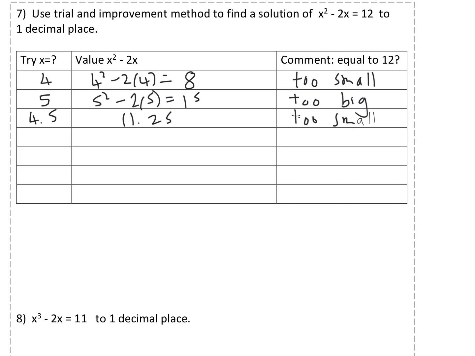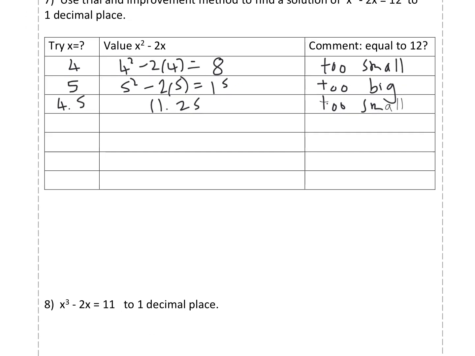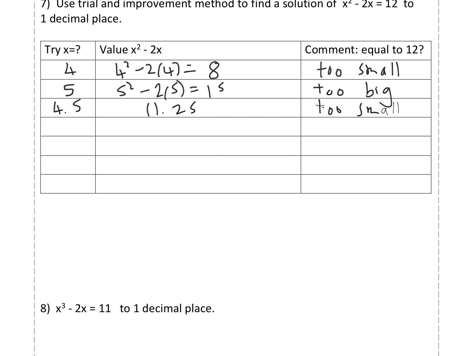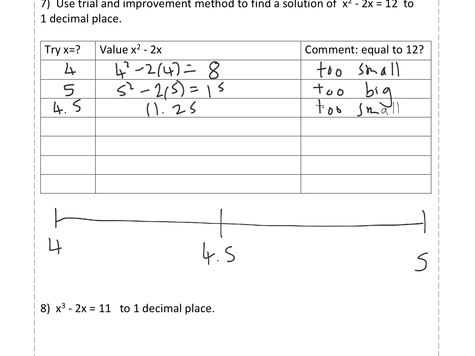Okay, just to give you a bit of a picture of what's going on here. By choosing 4, I knew the answer was bigger than that. Then I chose 5. I know it's smaller than that, so somewhere between 4 and 5. I then chose 4.5. It was too small, so I knew it's not in here. The answer is somewhere in here.